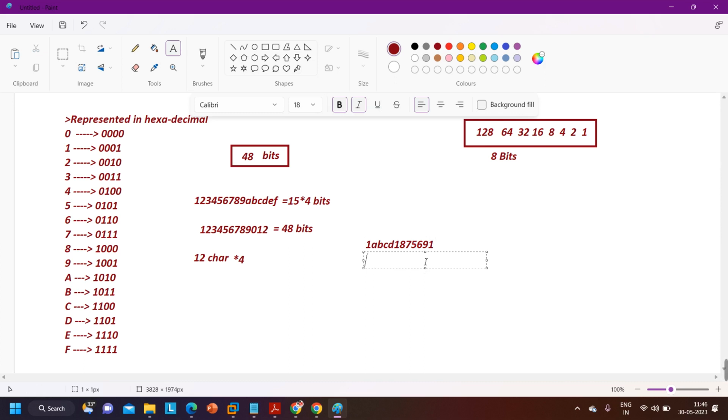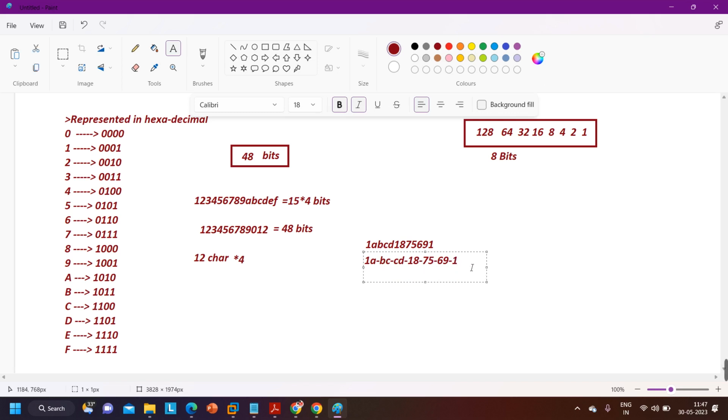You can represent this MAC address like 1A hyphen BC hyphen CD hyphen 18 hyphen 75 hyphen 69. Does the hyphen represent a character? No. See, this is just a representation. The hyphen is nothing.